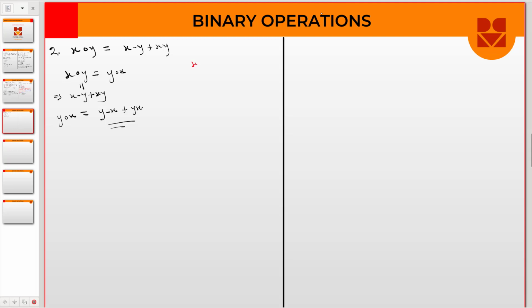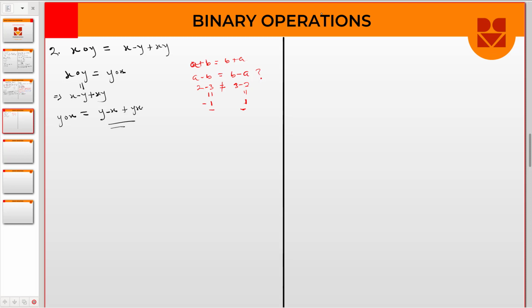Now a quick note: even though for addition a plus b is equal to b plus a, is a minus b the same as b minus a? No, because 2 minus 3 is not the same as 3 minus 2, as this will give us -1 and this gives us 1.